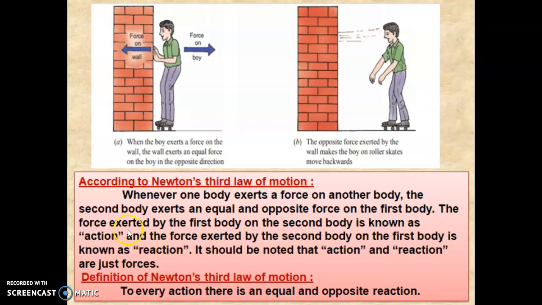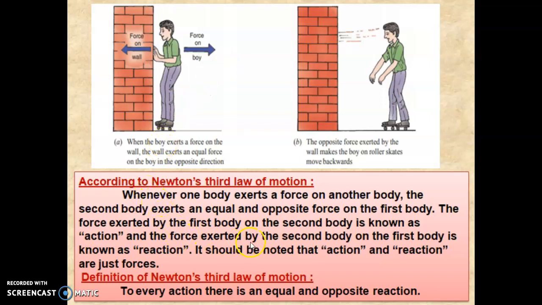Once again, the force exerted by the first body on the second body is the action. The first body is the boy, who exerts a force on the wall. The second is the wall. The wall gives an equal force to the boy, but always in the opposite direction. The boy is pushing the wall in this direction, but the boy moves in the opposite direction.